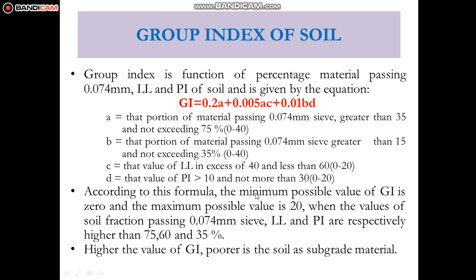According to this formula, the minimum possible value of group index is 0 and the maximum possible value is 20, when the soil fraction passing 0.074 mm sieve, liquid limit and plasticity index are respectively higher than 75, 60 and 35%. The higher the value of group index, the poorer the soil as subgrade material.